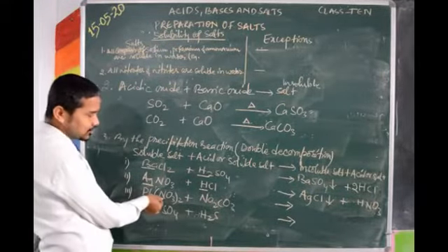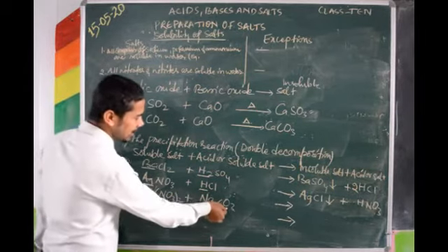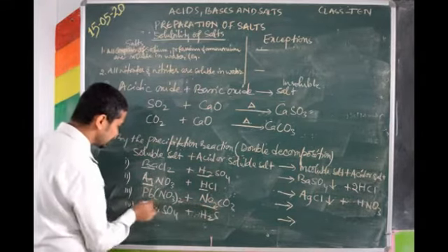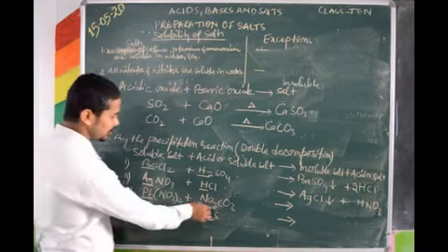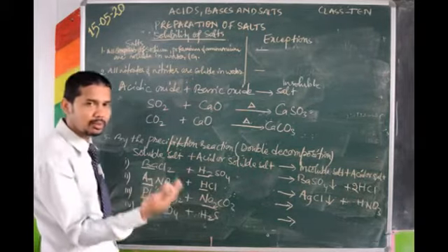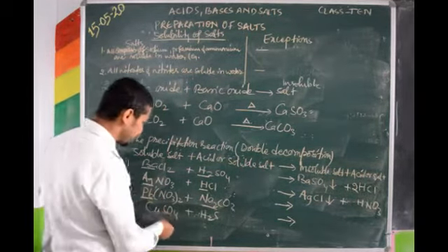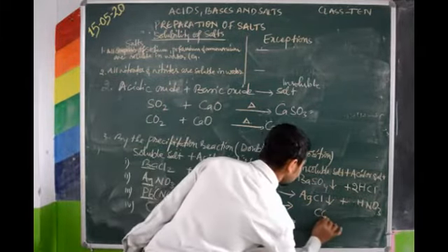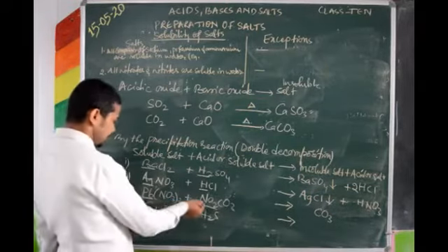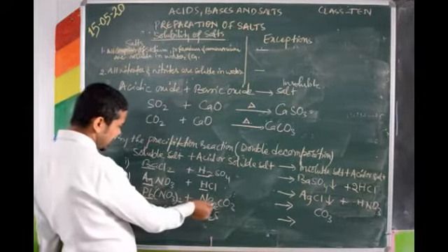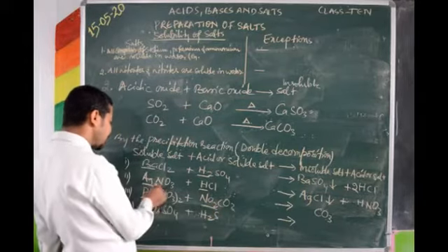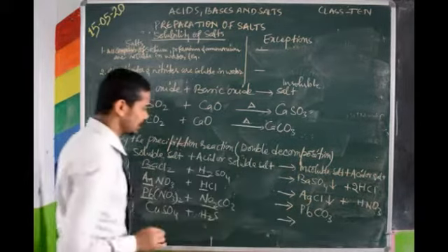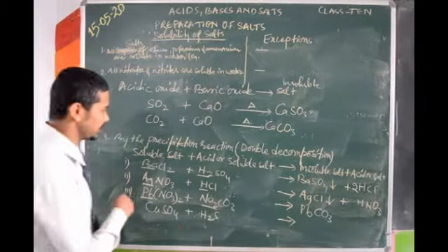Then lead nitrate plus sodium carbonate. Sodium will be replacing lead, because sodium is more active than lead. Then we get CO3, and Na has replaced lead, so here will come lead, PbCO3.